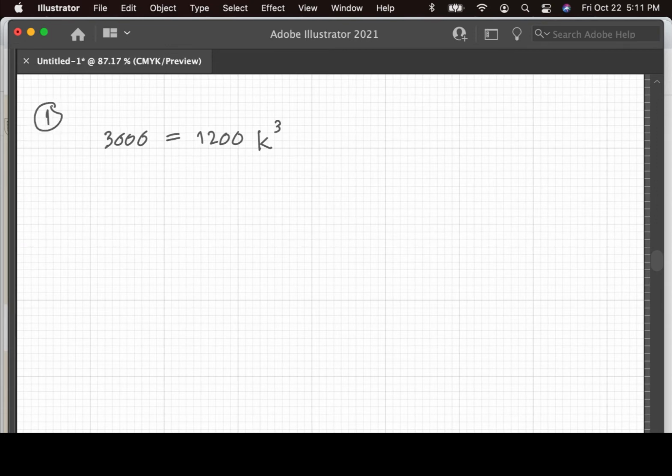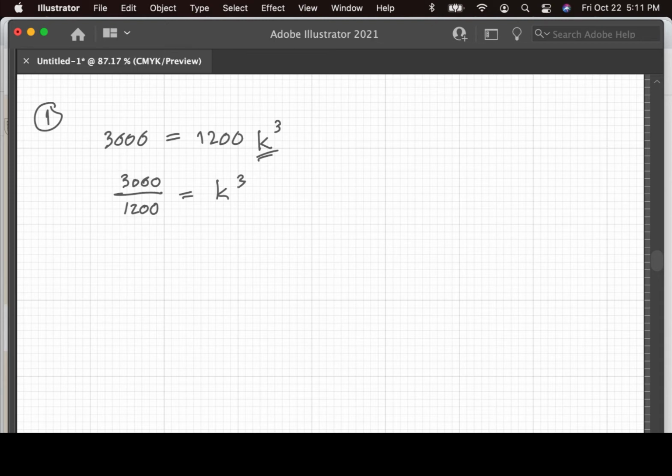That's question 1. So in order to figure out what this k is, let's divide both sides by 1,200. We'll get 3,000 divided by 1,200 equals k cubed. And then to solve this, all we have to do is to figure out what k is.